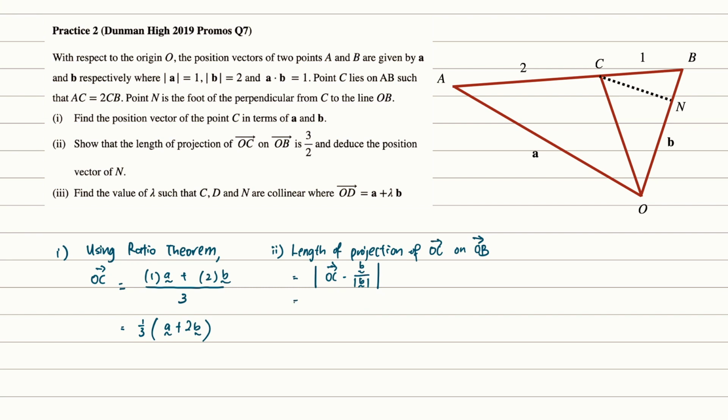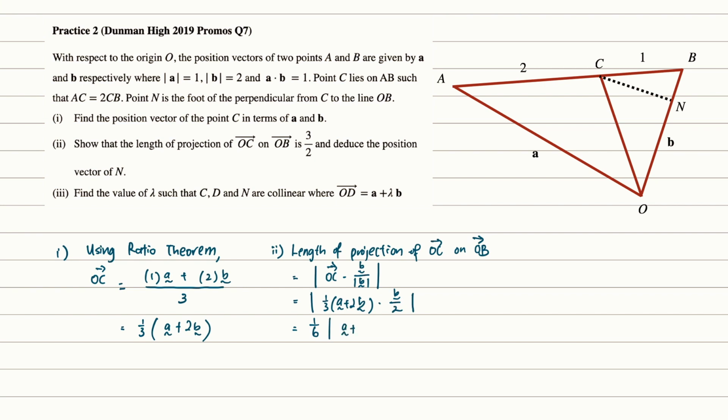By substituting OC into this expression, we will then have 1/3 A plus 2B dot B over 2, and it is at this point that we can extract or factorize the constants that are inside the modulus. 1/3 multiplied by 1/2 is 1/6.